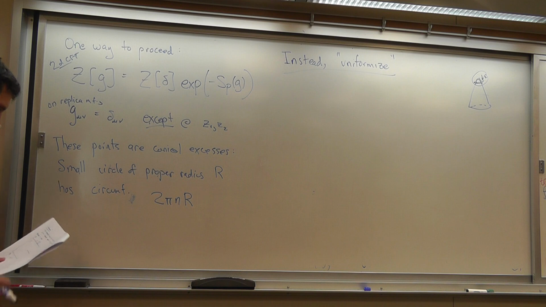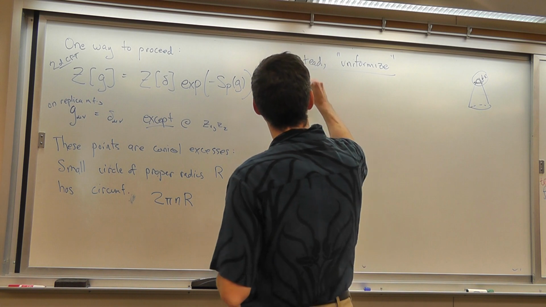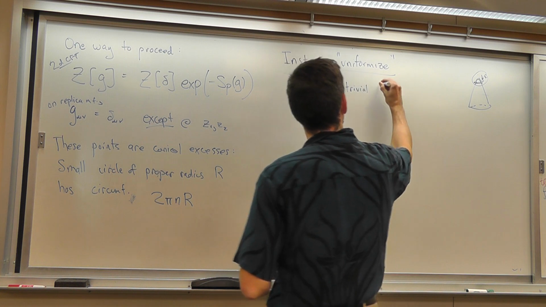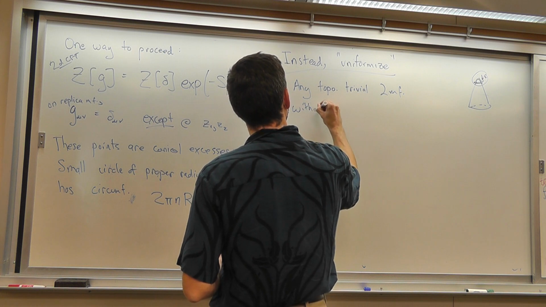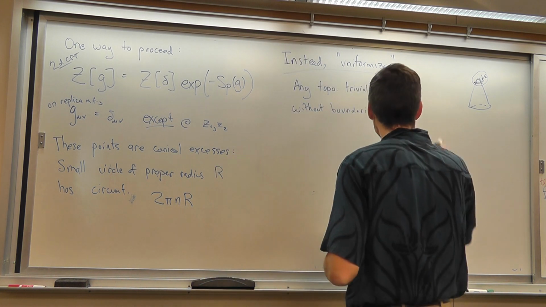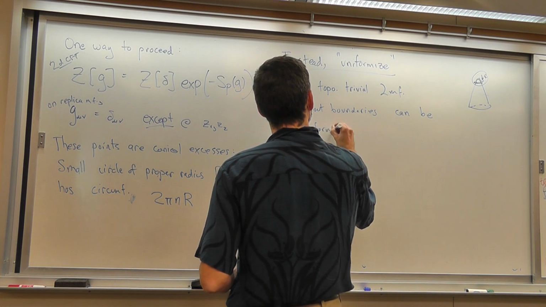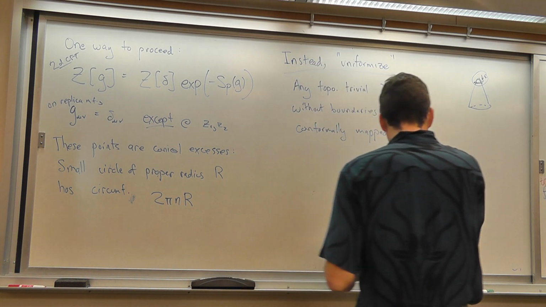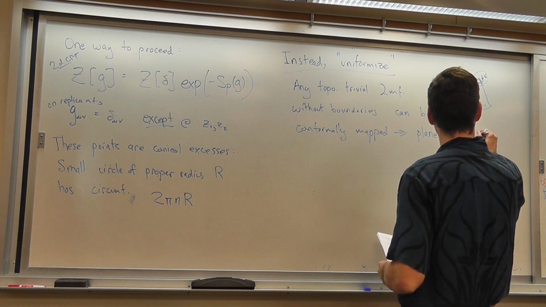Okay, so what does it mean to uniformize? Well, in this case, the statement is that any topologically trivial two-manifold without boundary can be conformally mapped to the plane or sphere.